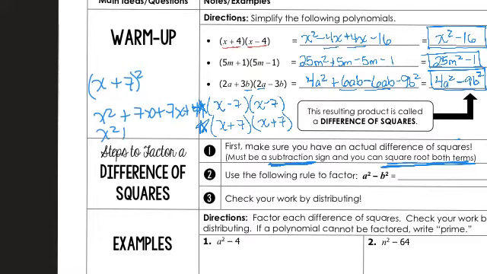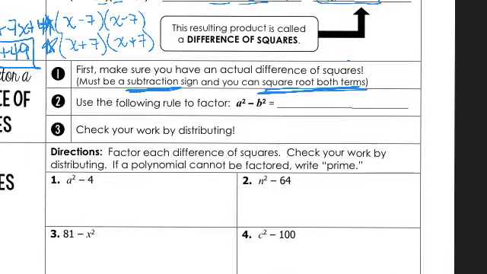Or we get x squared plus 14x plus 49. We're not going to get a difference of squares. We're going to get a middle term. So you got to make sure you're working with something here with a negative sign. This would equal a minus b and a plus b. That gets us a squared minus b squared.